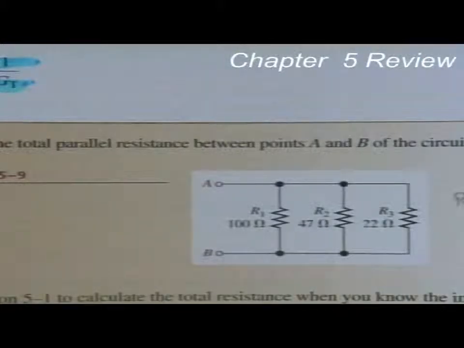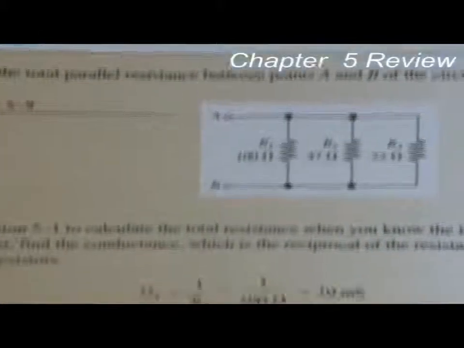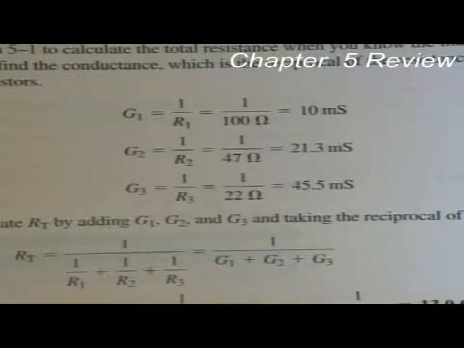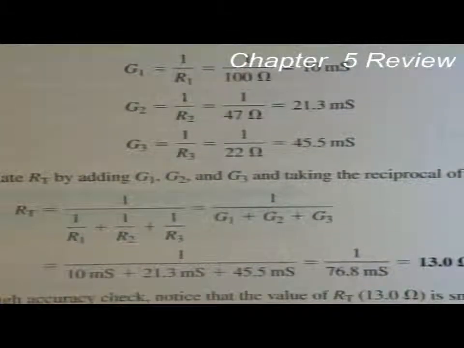Well, we know that it's going to be less than what? It's going to be less than the smallest resistor, and the smallest resistor here is 22 ohms. So we can start our calculations. And we're going to end up, after we use the reciprocal formula, with the total resistance there being 13 ohms. Now, you must be able to work problems like that.